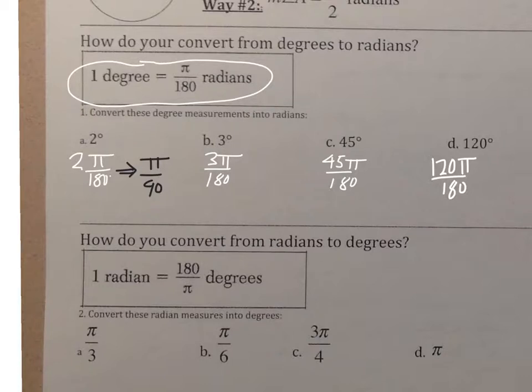For question B, 3 over 180 is the same thing as 1 over 60, or 1 pi over 60. 45 over 180, you can reduce that in your head. How many times does 45 go into 180? 4 times, so that's pi over 4.